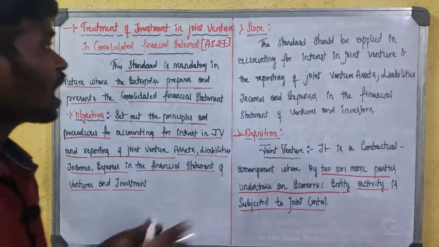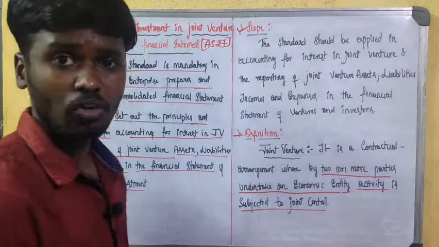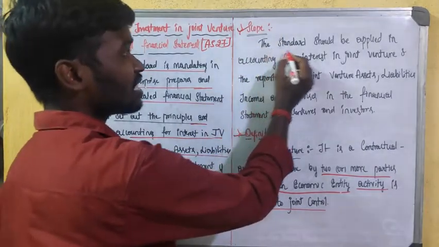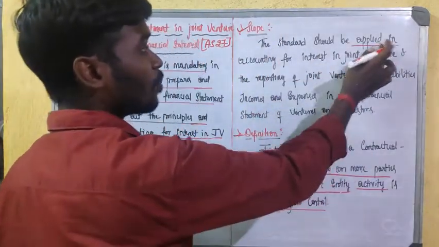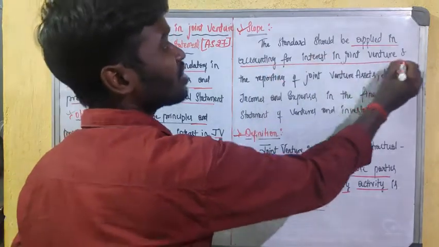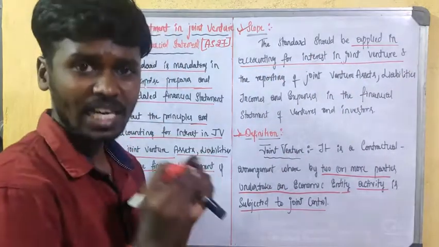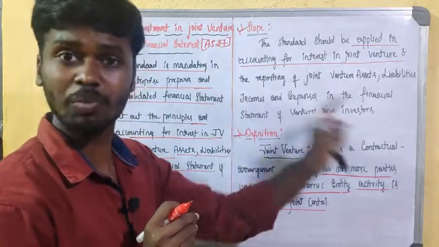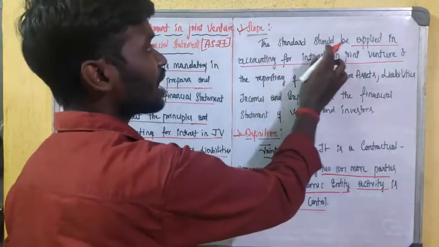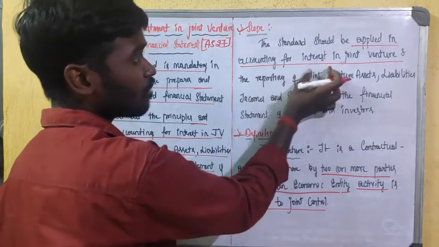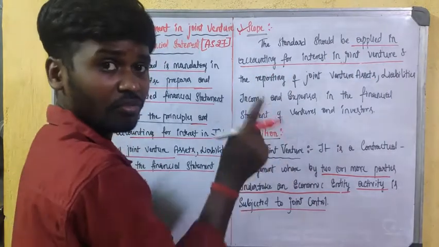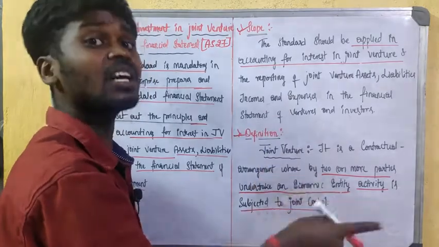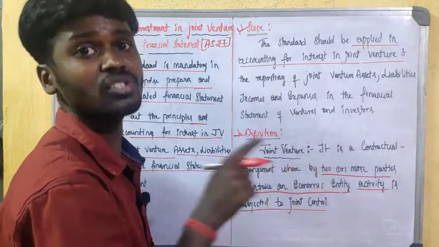And see the applicability and scope of this accounting standard 27. The standard should be applied in accounting for the interest in the joint venture. So whenever the joint venture concept comes, definitely this accounting standard 27 must be applicable. So this standard should be applied where two or more parties jointly control the operation, jointly manage the operation.